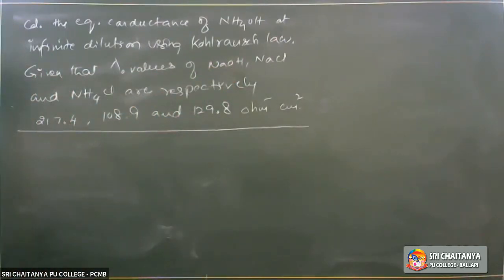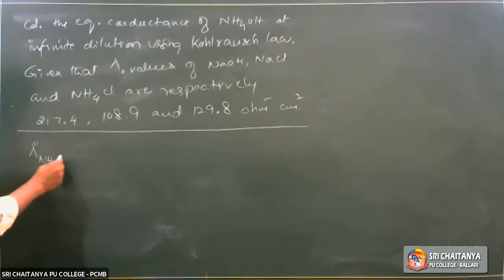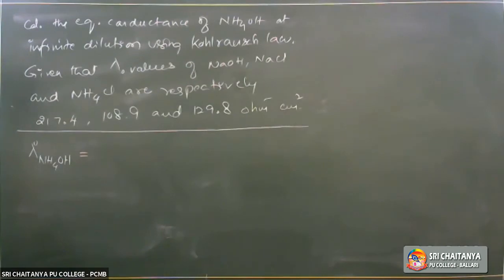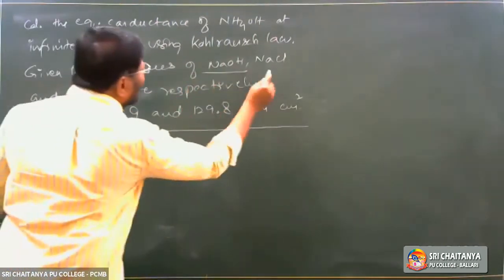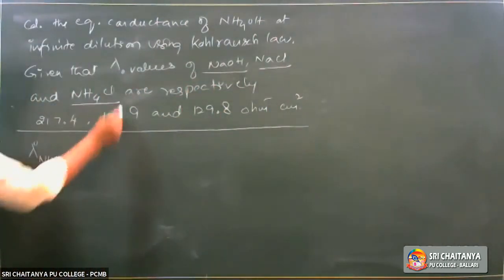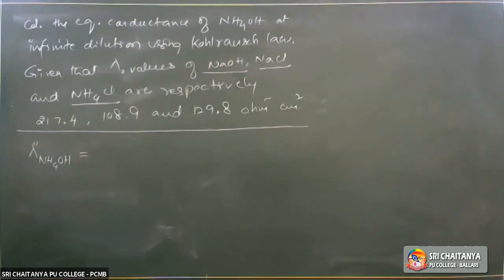After this, let us have a discussion on equivalent conductance and molar conductance. Presently, we have to calculate lambda naught NH4OH. So three substances are given: NaOH, NaCl, and NH4Cl.